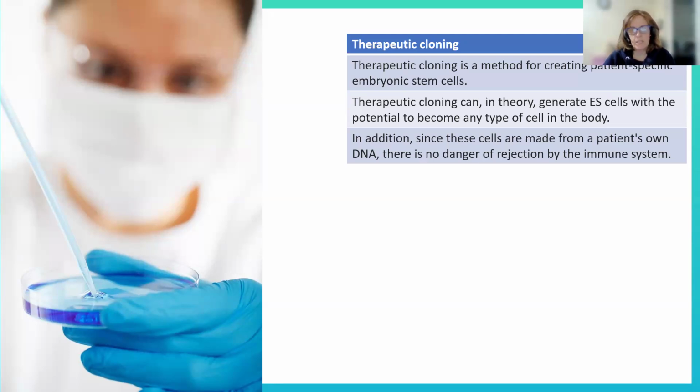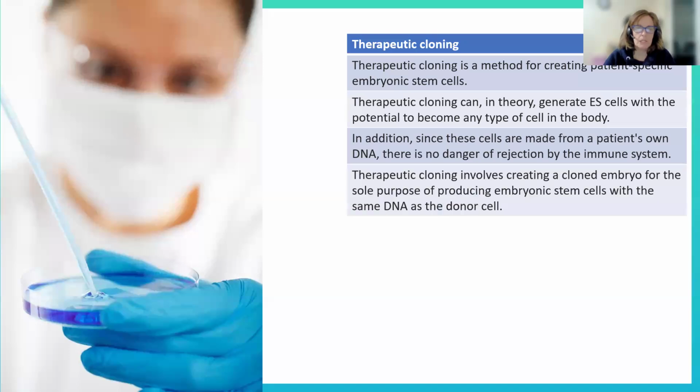So in addition to these patient cells being used, they're from your own DNA. They'll be recognized as self rather than non-self. There's no danger of rejection from the immune system. So this therapeutic cloning has got a lot of potential.